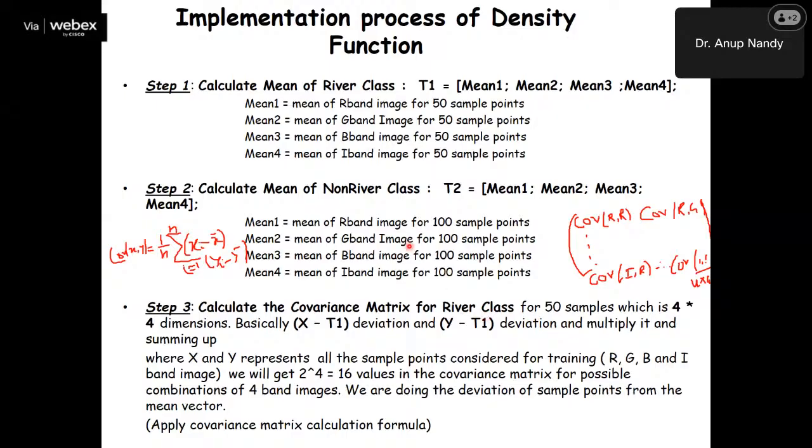So you calculate this covariance matrix for 50 sample points, which is 4 cross 4 dimension: x minus t deviation into y minus t, multiply and sum them up. As we already understood, x and y represent the sample points for training RGBI, and we will get 2 to the power 4, that is 16 values for the covariance matrix for the different possible combinations. What are the different possible combinations? I already explained here: COV of R comma R, apply this formula, COV R comma G. So in total you can get 16 values.